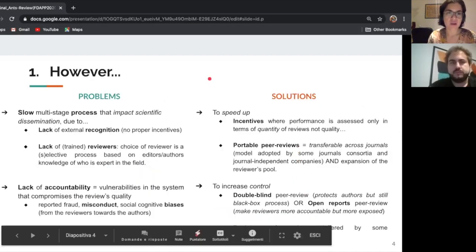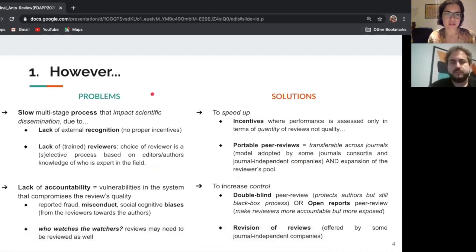However, the current peer review system presents a lot of flaws. In particular, the system is very slow, and this impacts scientific dissemination. And we think the main reason for that is the fact that there are no proper incentives in the form of a lack of external recognition from the scientific community itself.